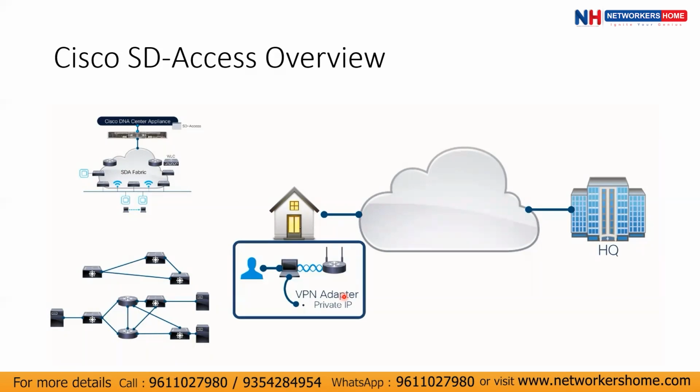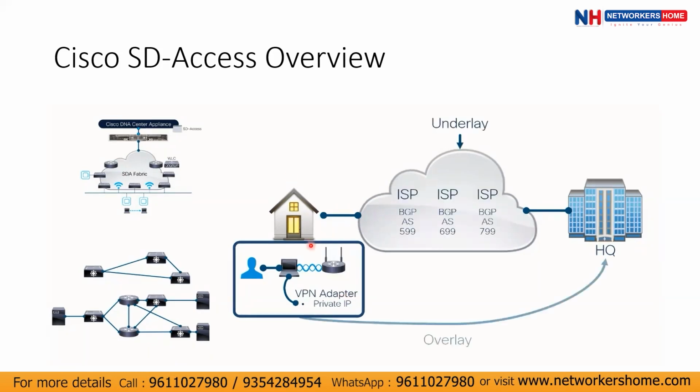This is because we are doing the encapsulation and decapsulation. We are just hiding our IP, and on top of that, we are adding the new IP header. And irrespective of any of the nodes, any of the BGP AS, we are just creating the tunnel from your home to HQ.